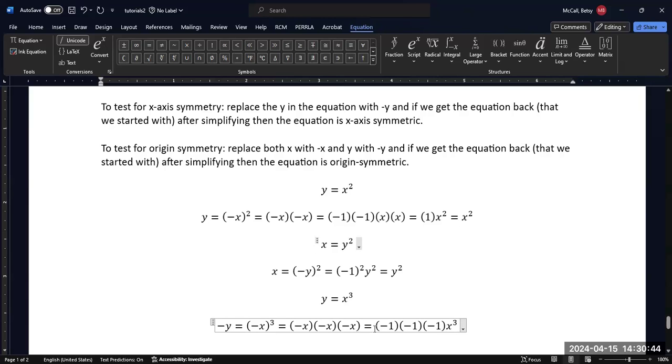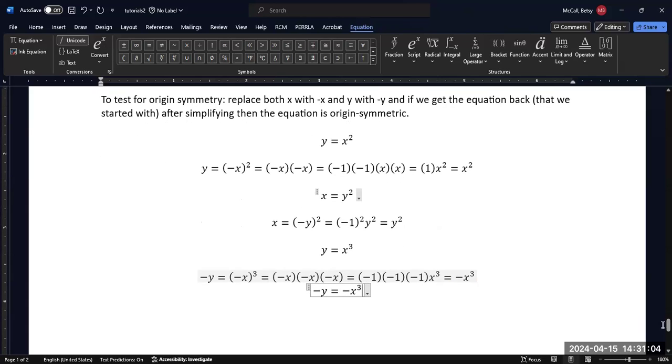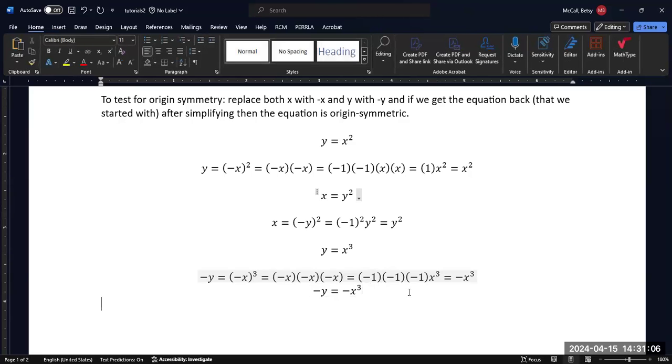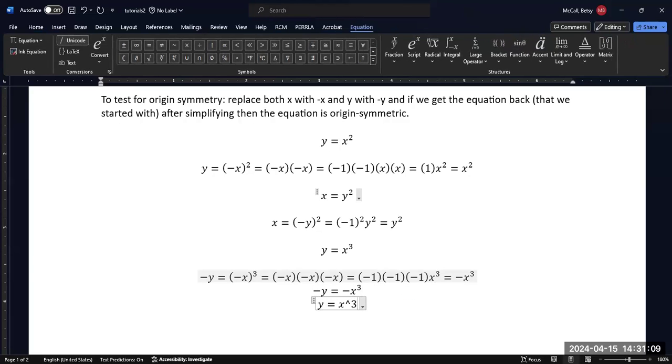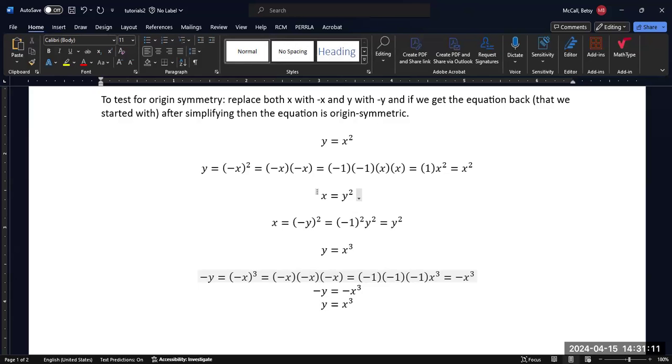And 2 of these cancel in pairs, but that leaves us with negative x cubed. But that means negative y is equal to negative x cubed. And if we multiply both sides of the equation by -1, we end up with y equals x cubed. So we're back to the equation that we started with, but because we had a minus sign on one side of the equation and a minus sign surviving on the other, they canceled each other.